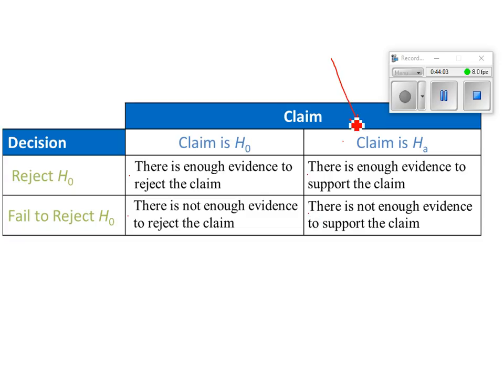The HA. If we're trying to support it, we want it in there. If we're trying to disprove the claim, we want the claim to be in the HO. So if we're trying to support it, put it in the HA. If we're trying to disprove it, put it in the HO. Because the only thing we can do if the claim is in the HO is reject the claim, or say there's not enough evidence to reject it, but we still don't believe it.